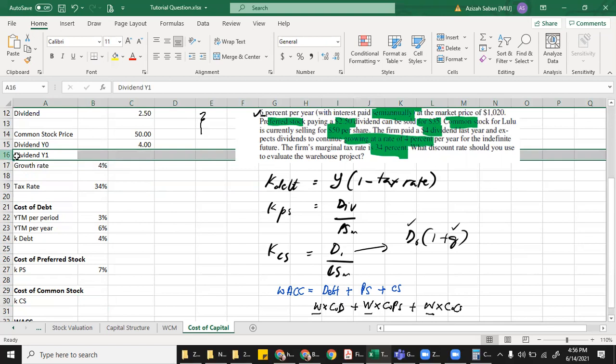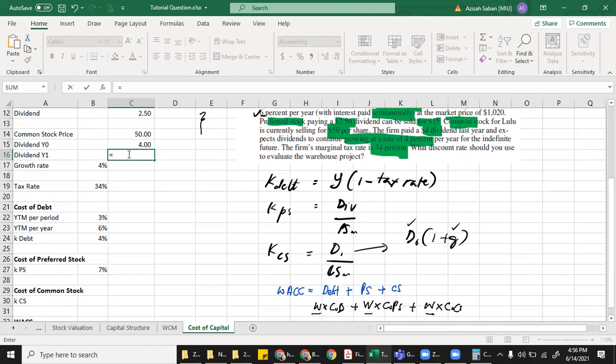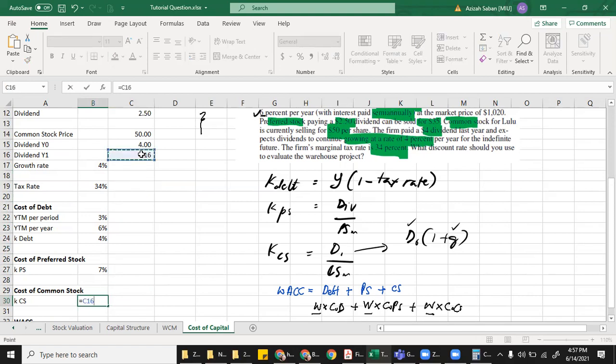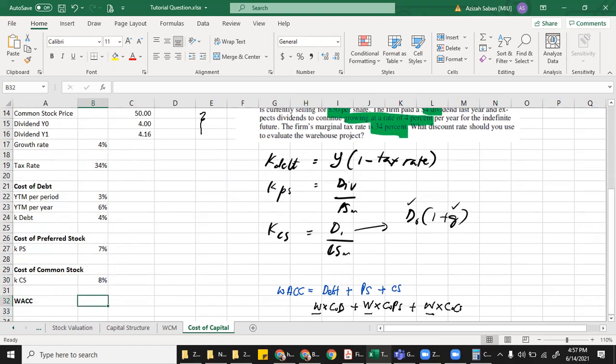I put equal sign of D0 multiplied by 1 plus the growth rate, which is 4%, and I get 4.16. Now I use the 4.16 divided by the market share price, and I get 0.08. I change it into percentage. There you go, 8%.